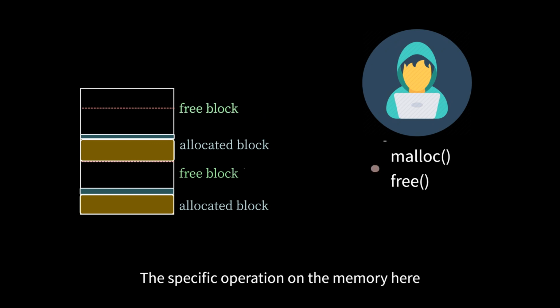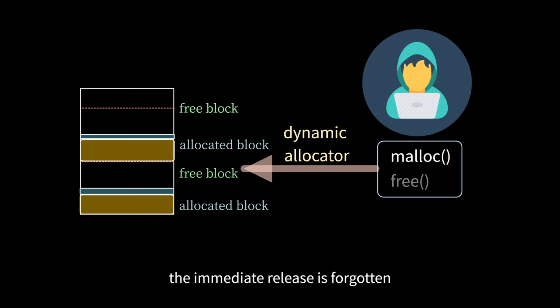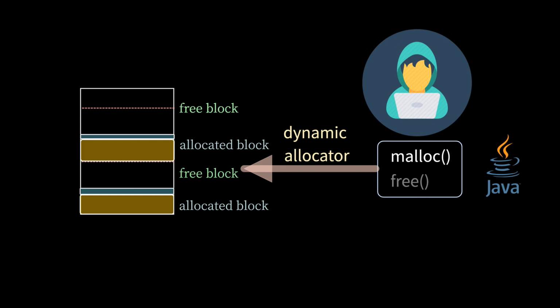The specific operation on the memory here is the responsibility of the dynamic allocator in the C language. But sometimes the release is forgotten, causing errors and waste. Therefore, languages such as Java release memory automatically, which is called garbage collection.